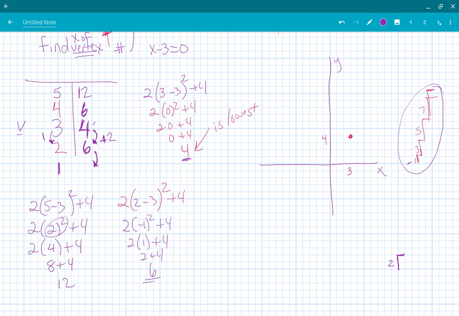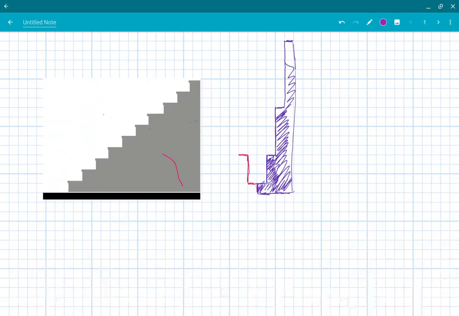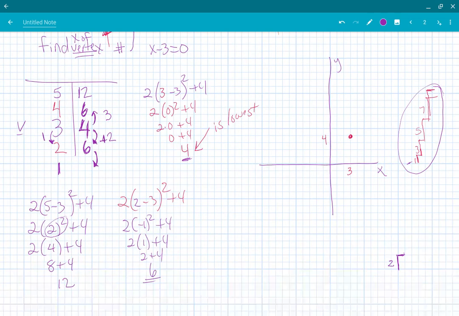So how much did it go up by? Whoops, hold up. Press the undo. How much did it go up? How much do you go up from 6 to 12? 6. And what did it originally go up by on the second step? 2.